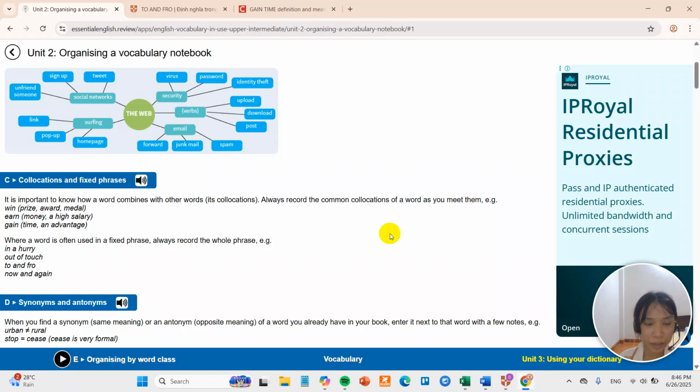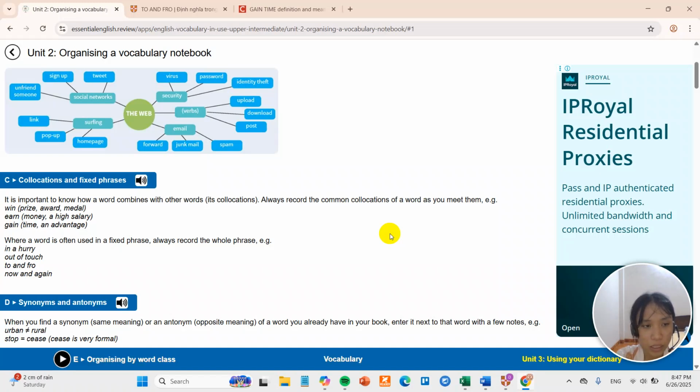C. Collocations and fixed phrases. It is important to know how a word combines with other words, its collocations. Always record the common collocations of a word as you meet them. Example: win, prize, award, medal. Earned, money, a high salary. Gained, time, an advantage. Where a word is often used in a fixed phrase, always record the whole phrase.